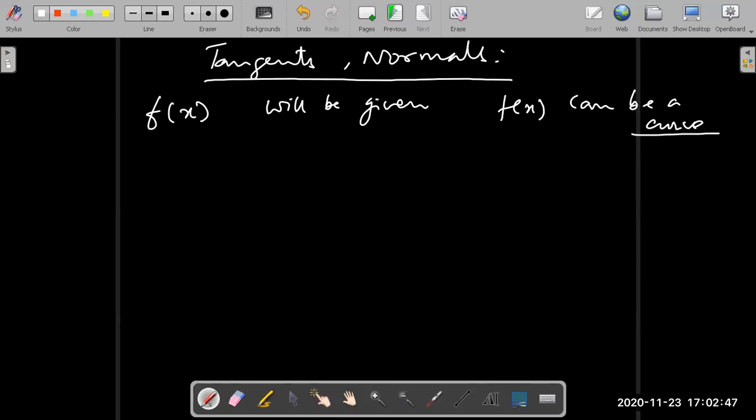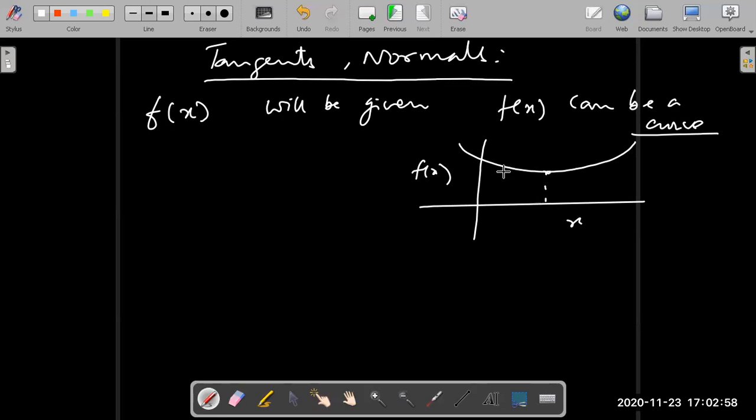So for example, f of x is something like a curve like this. Then definitely at some value of x, you can draw a tangent to this. This is a tangent.